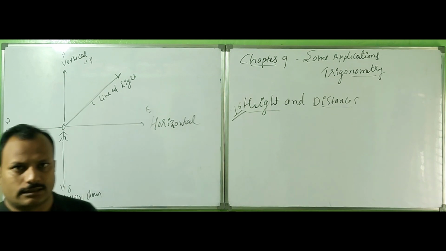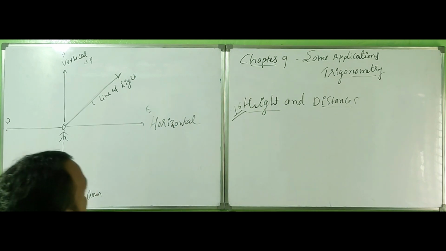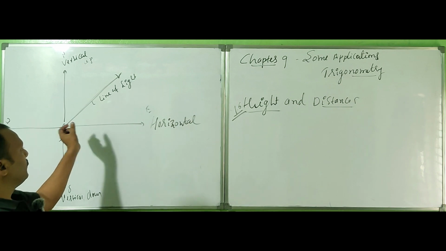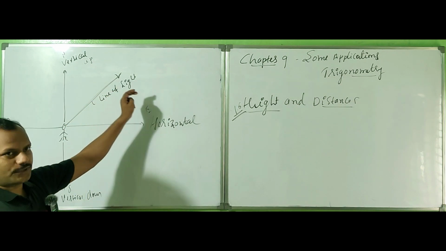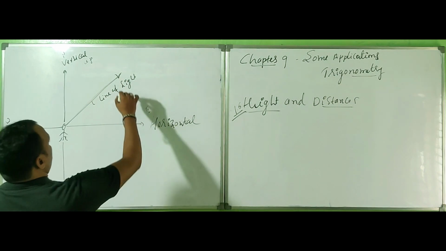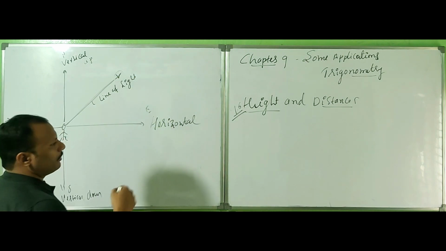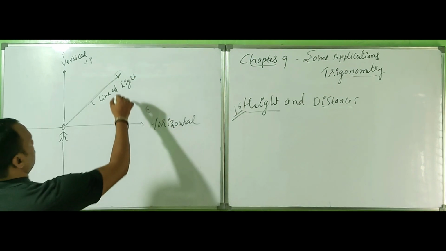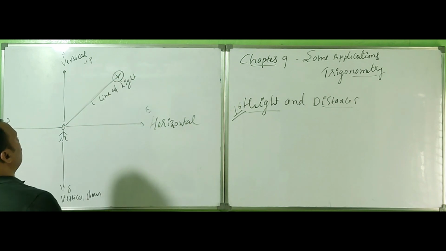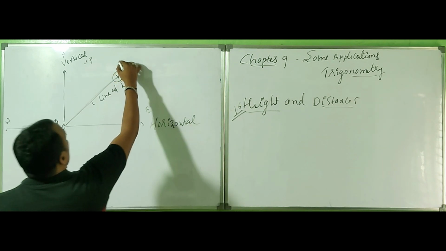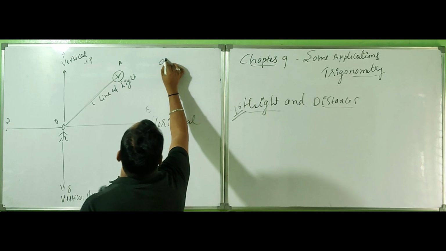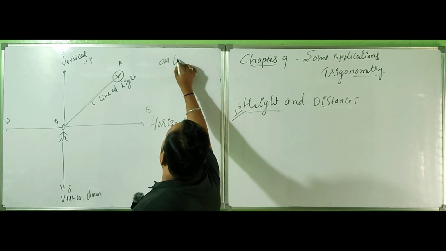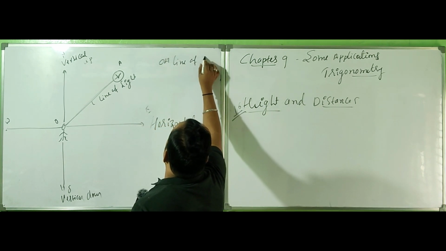The straight line, the shortest distance between the position and the object, is called the line of sight. Very important. Call it O and A: OA is the line of sight.